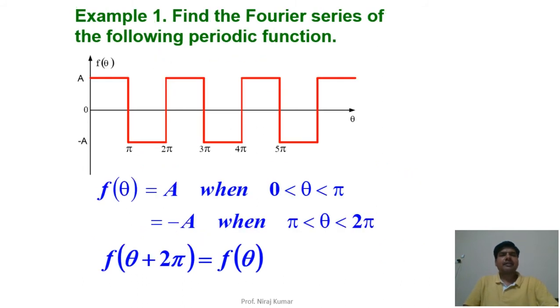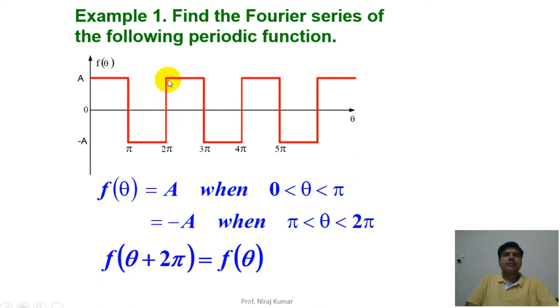Now let us take the first example of Fourier series, in which a square wave is taken and the amplitude of the square waveform is a or minus a. So from 0 to pi the value is a, from pi to 2 pi it is minus a.